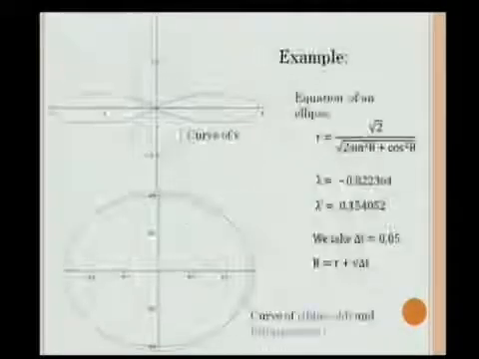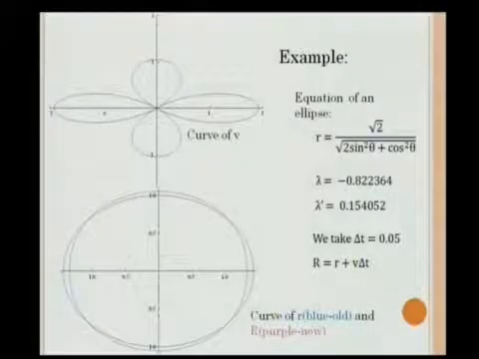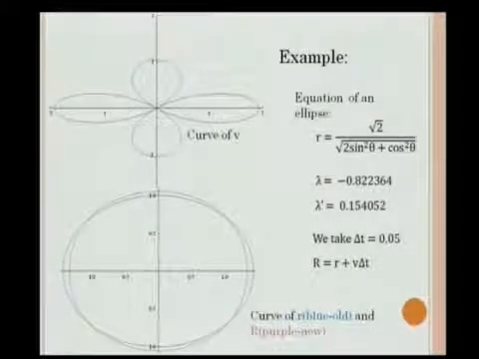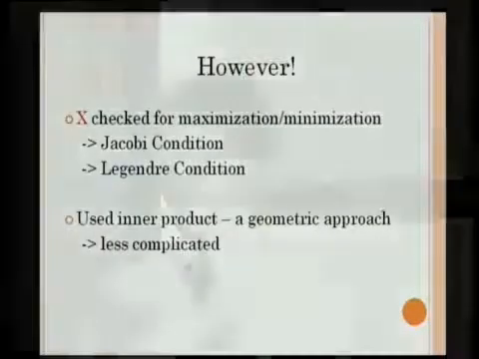Here is an example which shows the function v for an ellipse. However, it was quite difficult to check whether the result we obtained was a maximum or minimum by ordinary methods like the Jacobi condition and Legendre condition.